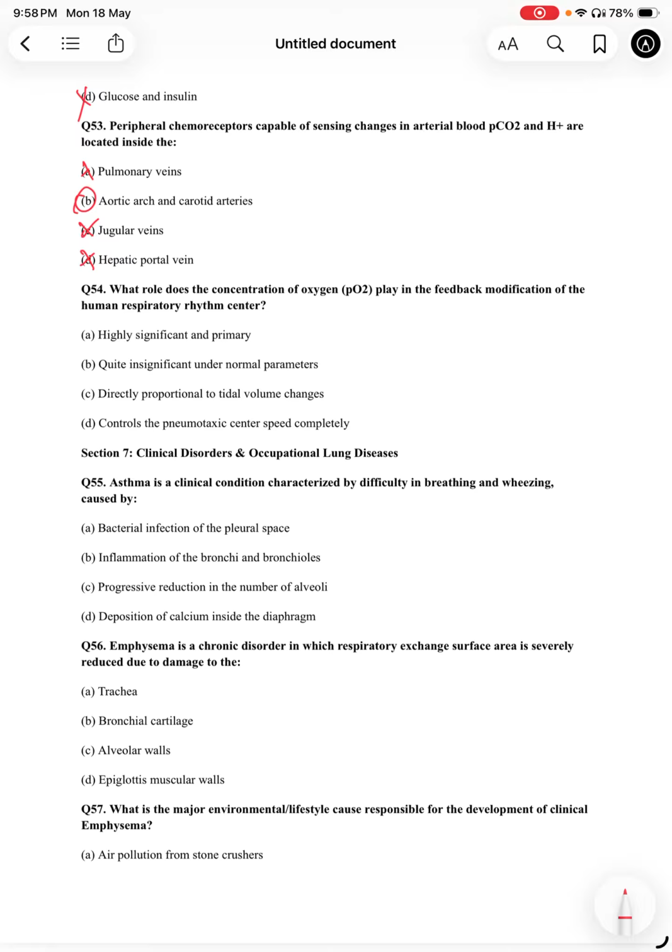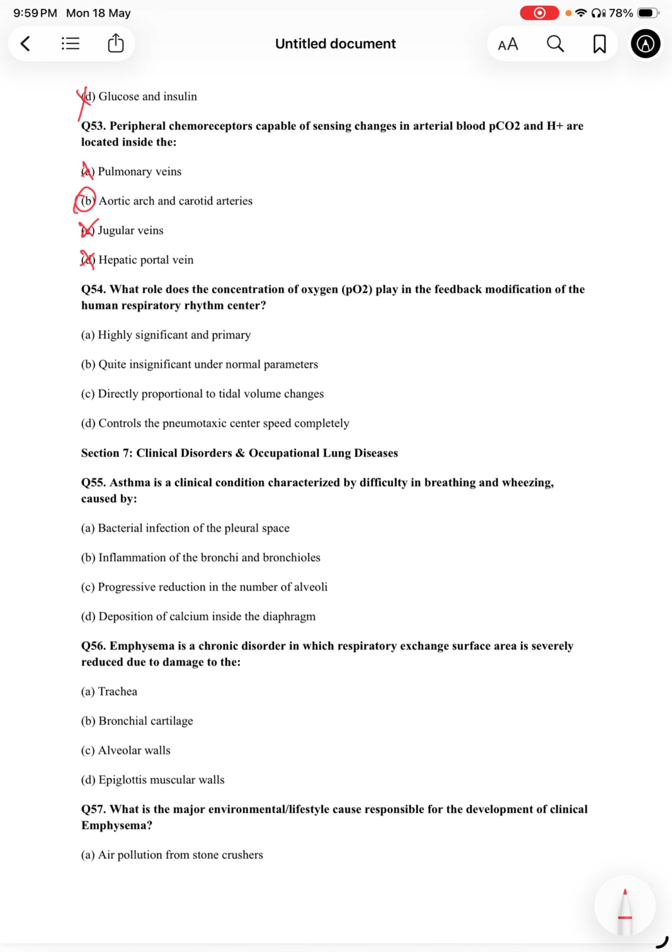What role does the concentration of oxygen play in the feedback modification of the human respiratory rhythm center? Highly significant and primary, quite insignificant under normal parameters, directly proportional to tidal volume changes, controls pneumotaxic speed completely. Basically, oxygen concentration is very insignificant during normal parameters.